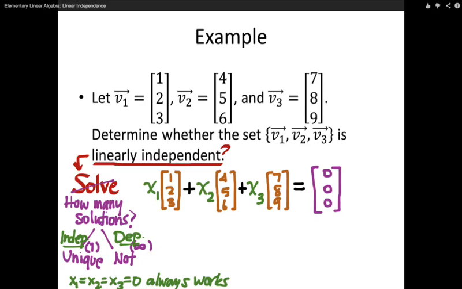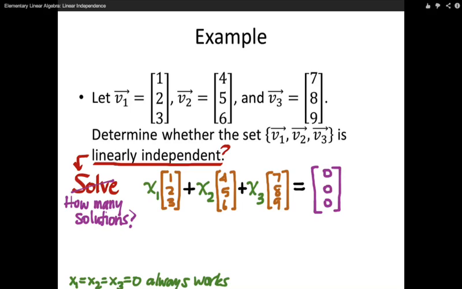But if we solve it and find out that there are infinitely many solutions, then the set is linearly dependent. Which means one of those would be free. That's right. Exactly. So we can rephrase this question about number of solutions, Jocelyn, as you say, to how many free variables are there. So let's do that too.